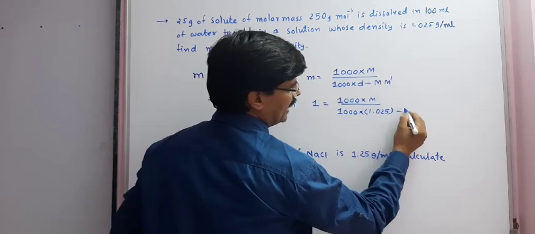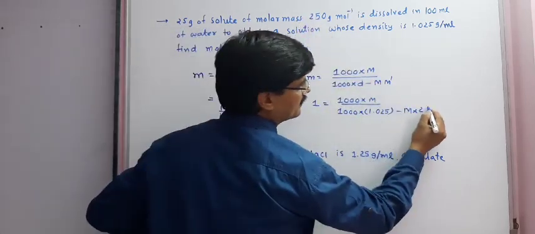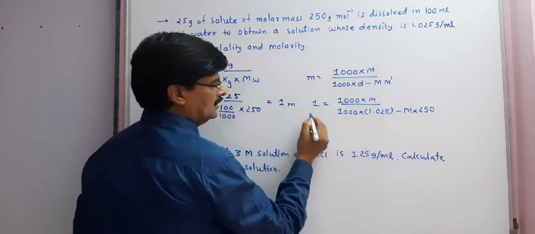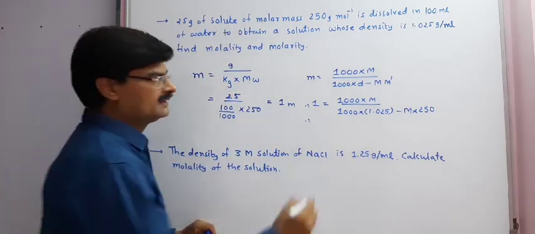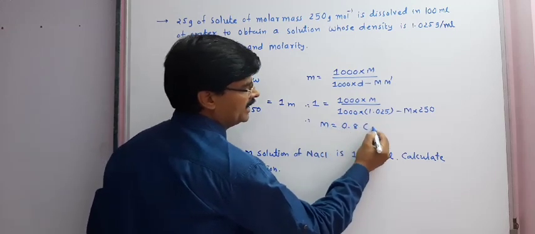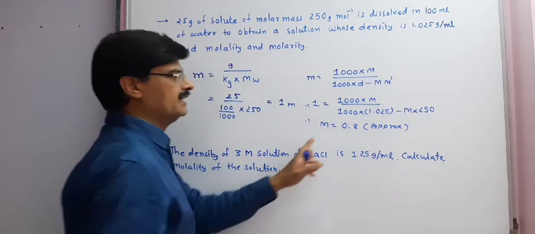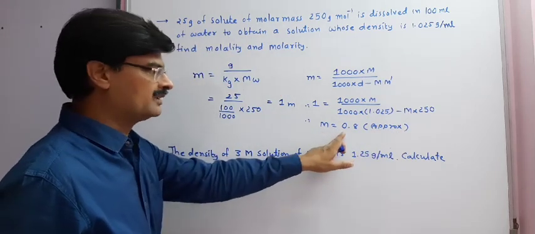M is again molarity and m dash molar mass is given 250. On solving this, molarity comes out to be nearly 0.8. Molarity is equal to 0.8 approximately.